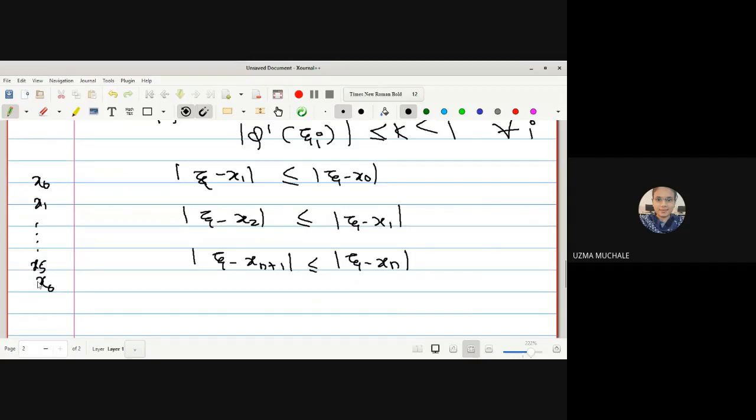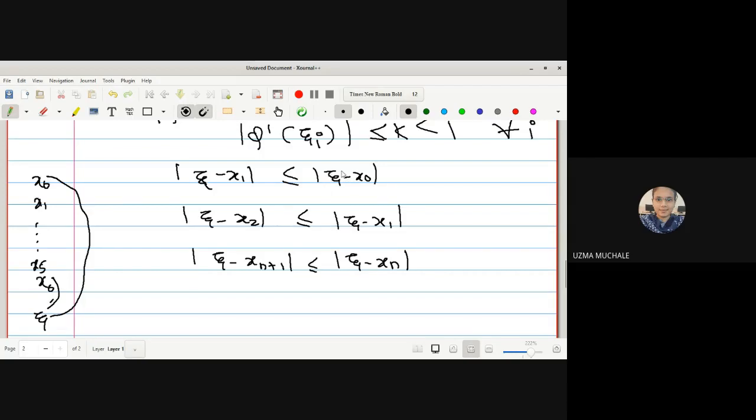There is a very small difference between these values, but there is a big difference between the first two values. Just like that, if zeta is a root, the difference between x naught and zeta is larger than the difference between x6 and zeta. This one will be larger and this one will be the smaller one.